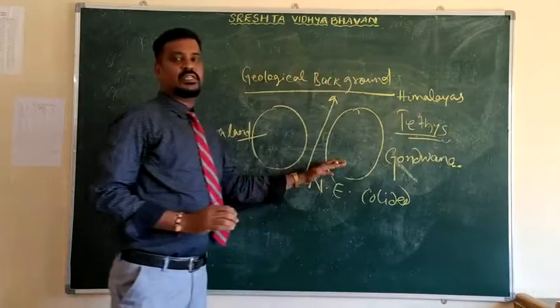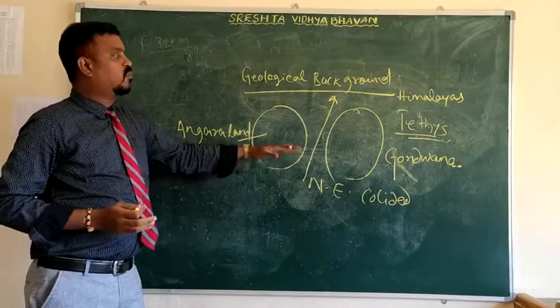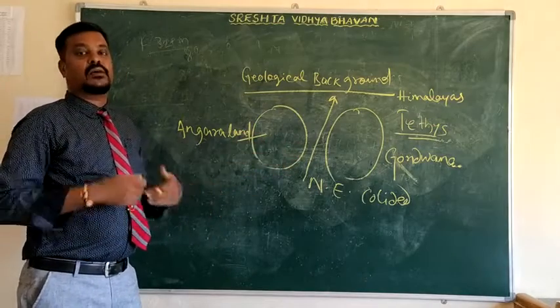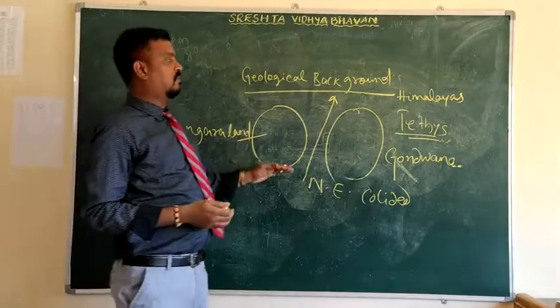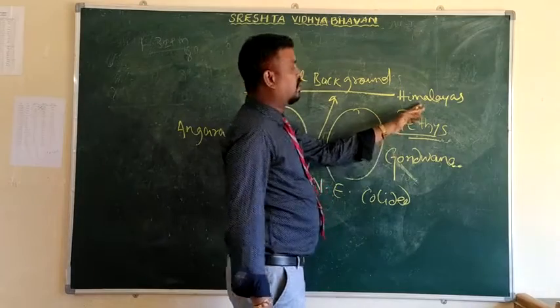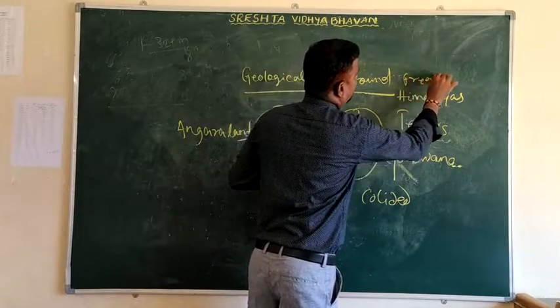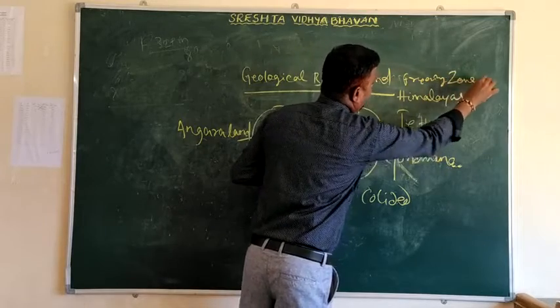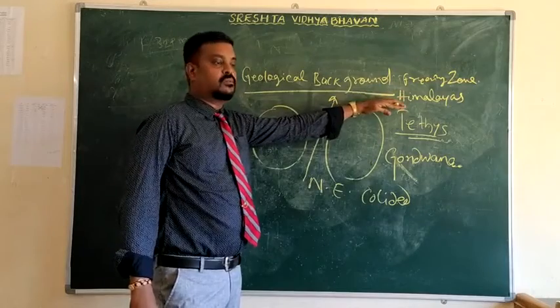This process did not take one or two days. It took millions of years, and after some millions of years the Himalayas were formed. In this way, the Himalaya mountains were formed.